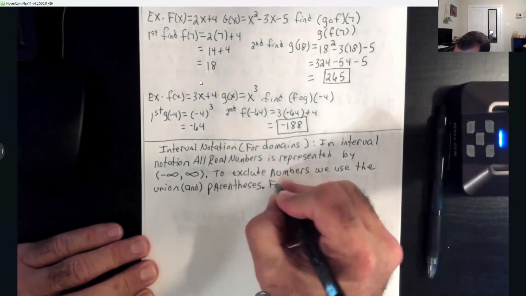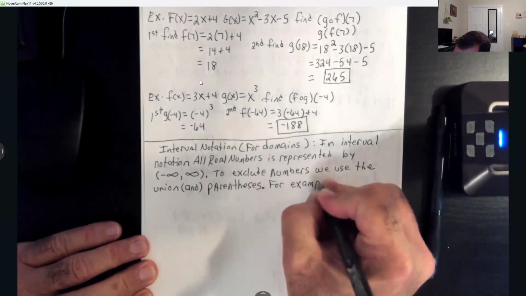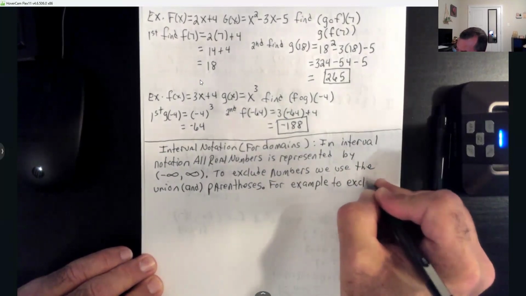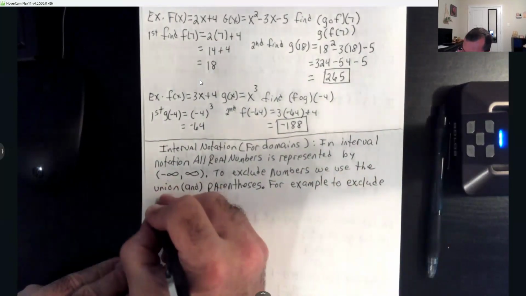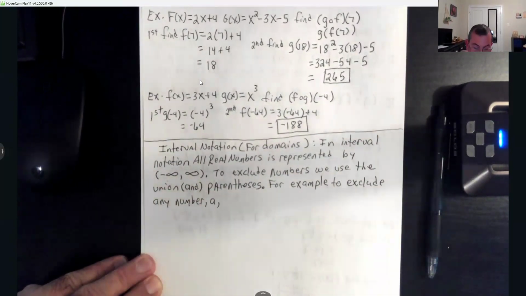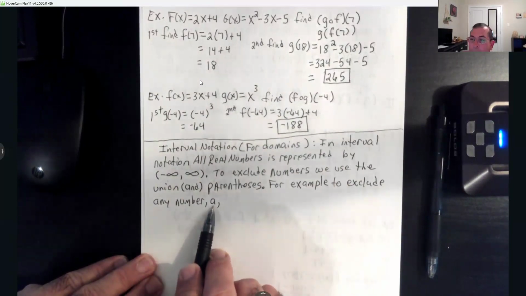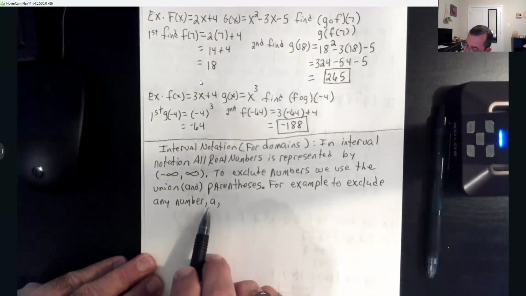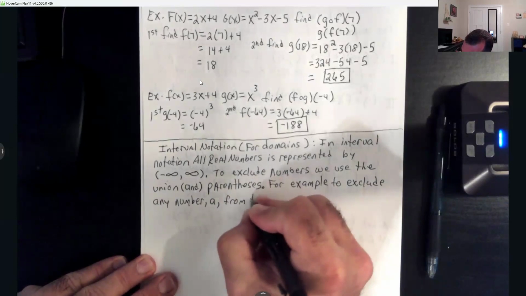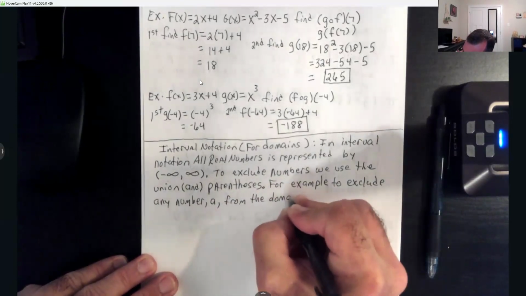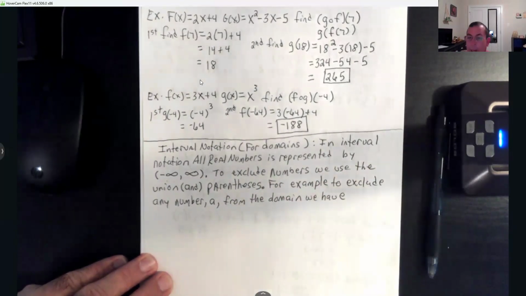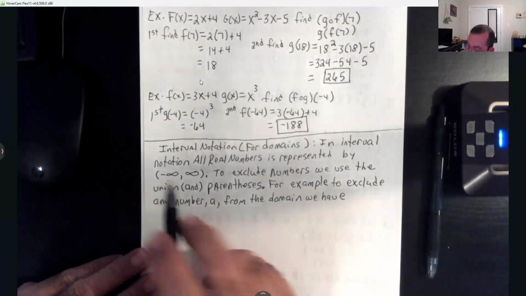So for example, to exclude any number A, so say this A can be a 1, 2, 3, -5, it don't matter. But to exclude that number from the domain, now remember, they're all going to start over here at negative infinity.